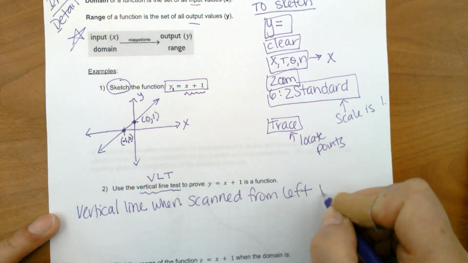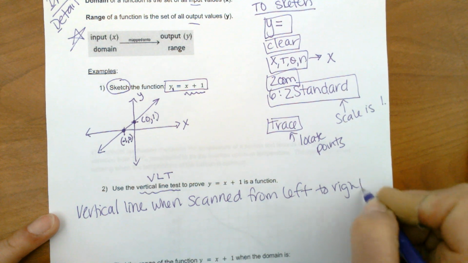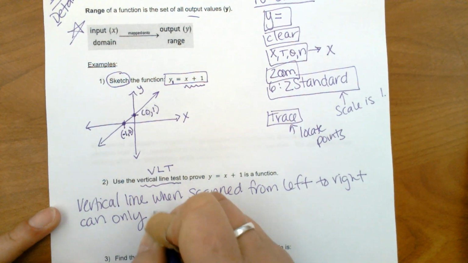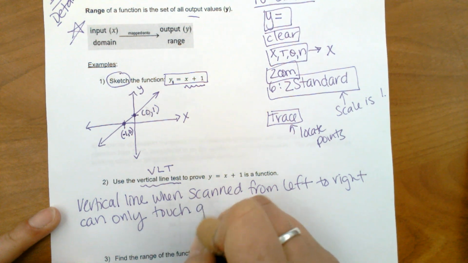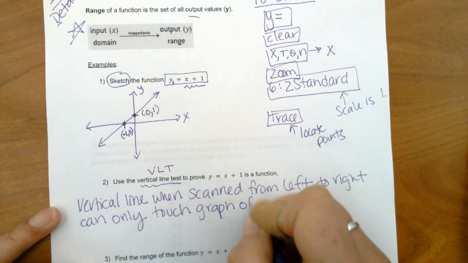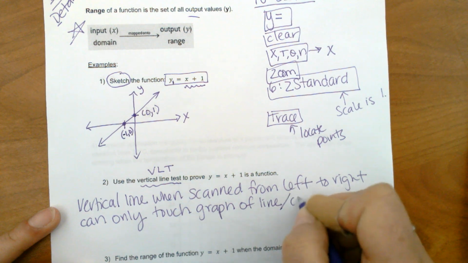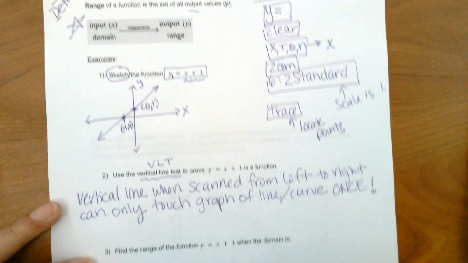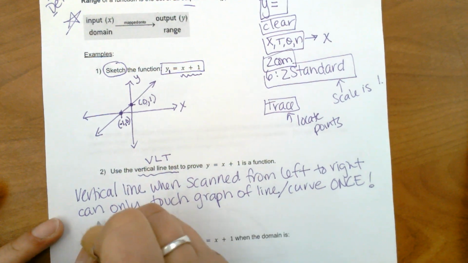You can go the other way too. I just like left to right because that's how I read a sentence. Can only touch graph of line, or you could have a curve, once. So what are some, and that's a function.